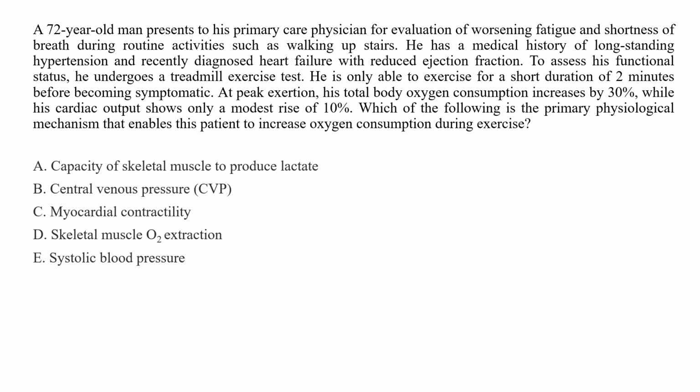He has a medical history of long-standing hypertension and recently diagnosed heart failure with reduced ejection fraction. To assess his functional status, he undergoes a treadmill exercise test. He's only able to exercise for a short duration of 2 minutes before becoming symptomatic.